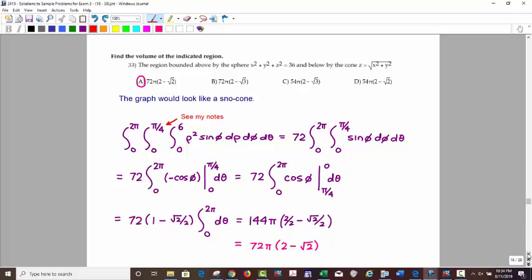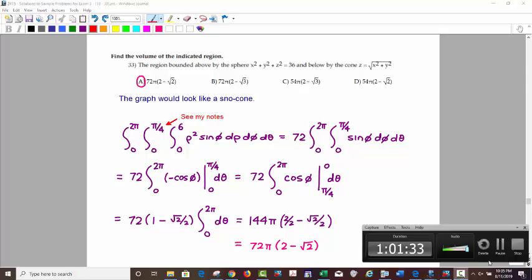It's always true, no matter what the size of the sphere is: the sphere and the cone are always going to intersect at pi over 4. Let's see if I have a picture of one to show you.